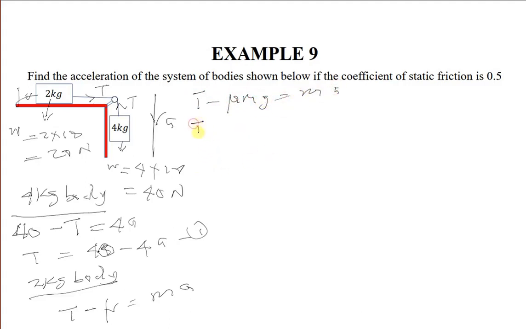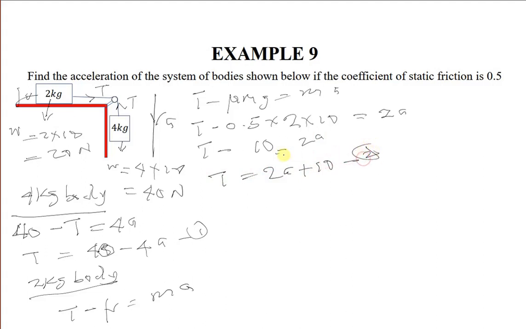So that will be T minus 0.5 times mass, which is 2, times G, let's take G to be 10, equals 2A. So that will be T minus 10, since 0.5 times 2 times 10 is 10, equals 2A. So T is 2A plus 10, equation 2.